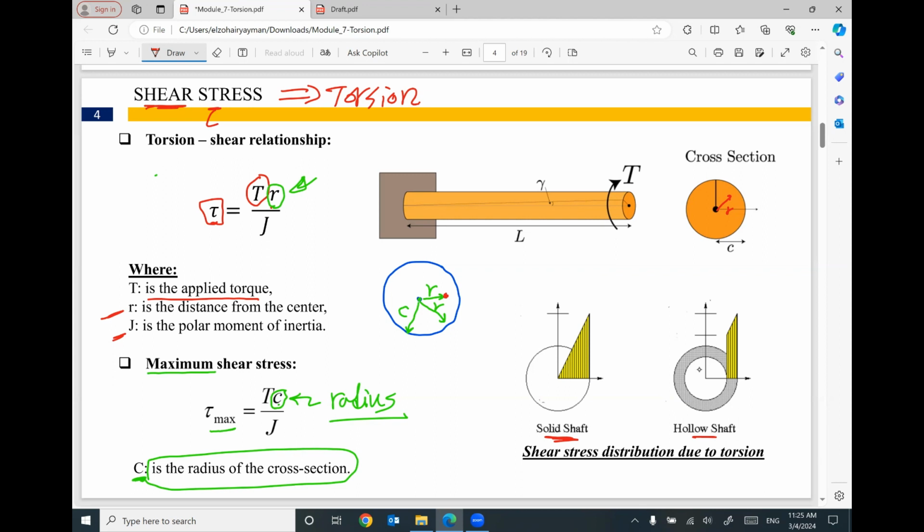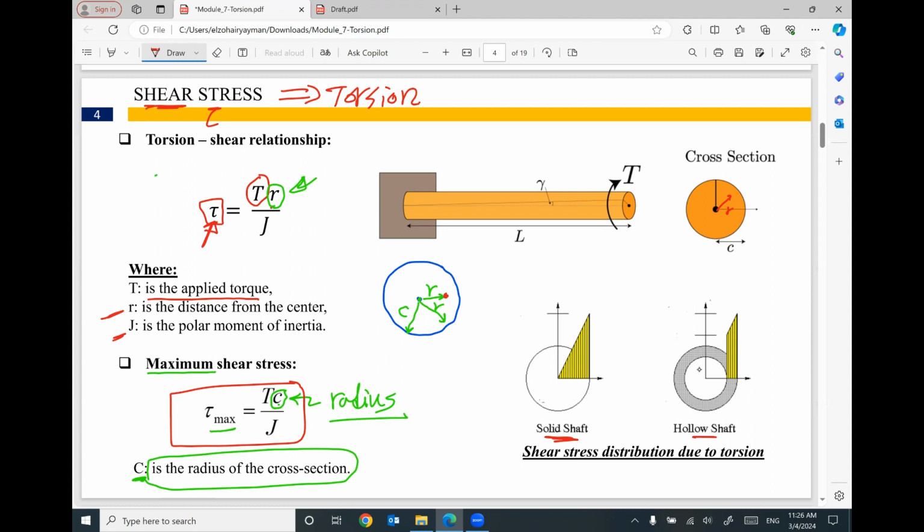So if you make this radius the biggest value, you are going to get the maximum shear stress. And this is the case here. The maximum shear stress, if we have torsion, will be located at the outer circumference of the cross section.